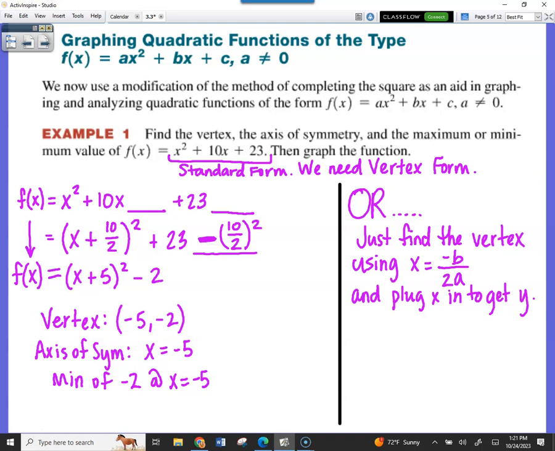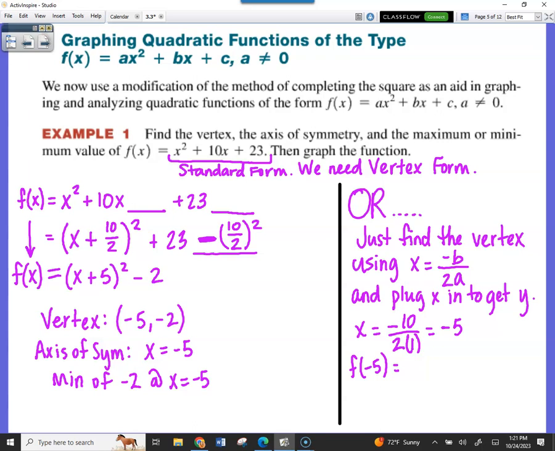So here we go. The x coordinate will be negative, what's b? 10. Divided by 2, what's a? 1. What's negative 10 divided by 2? Negative 5. Now plug negative 5 back in right here.